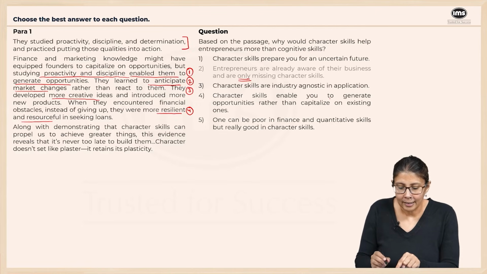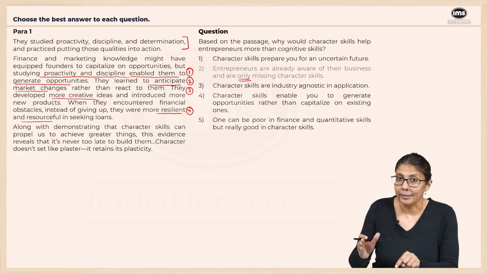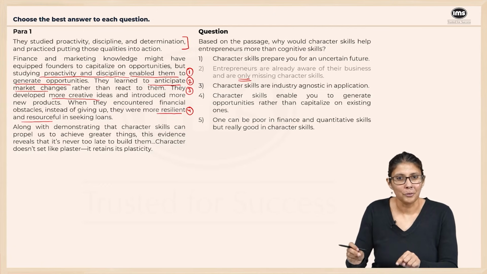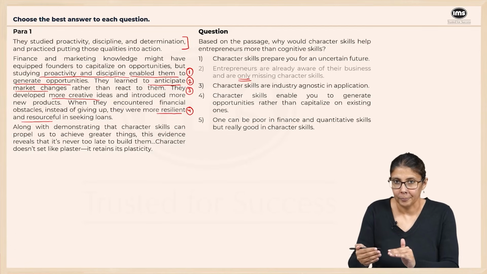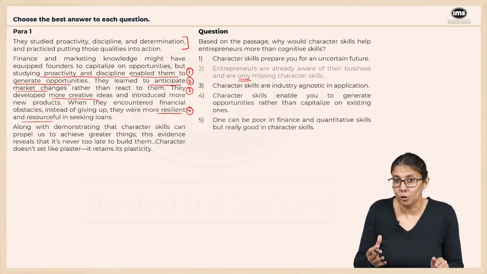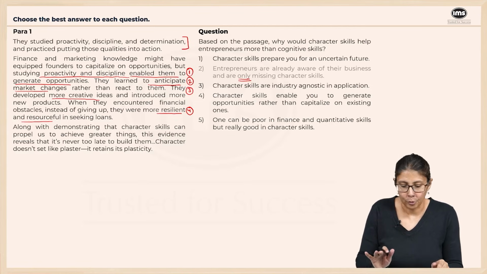We are not necessarily saying that because they are not industry specific, that is why they were helpful. This is not the answer to the question. Because while that may be true, we don't have any data to support it.